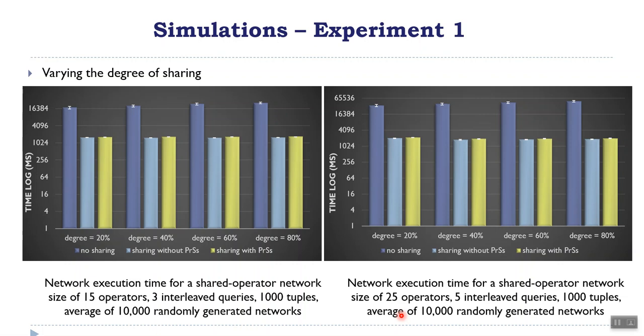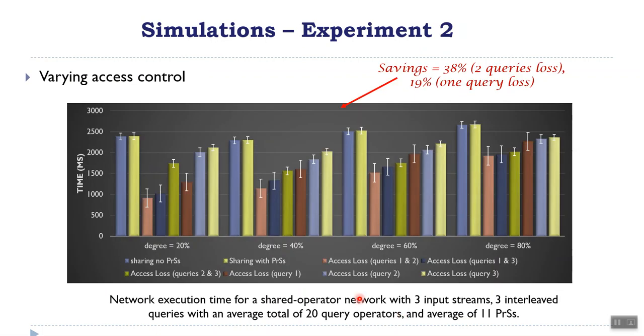In the other set of experiments that we ran, we wanted to test the performance of the network as access control permissions start varying. So we looked at the different combinations of access loss in a network that is interleaving 3 input streams. We've seen that our technique performs better in the case of total access loss with queries that have fewer common sub-expressions in them.